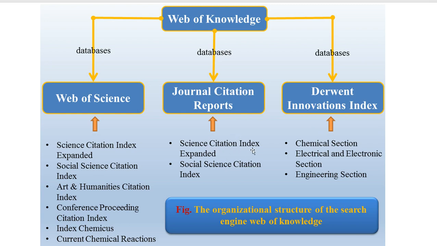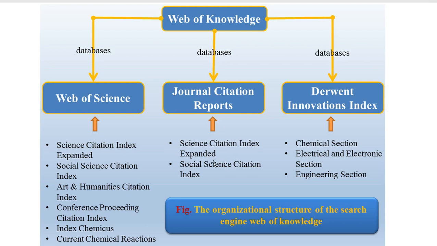Science citation indexing has factors like CiteScore, H index, SJR (SCImago Journal Rank), and SNIP.